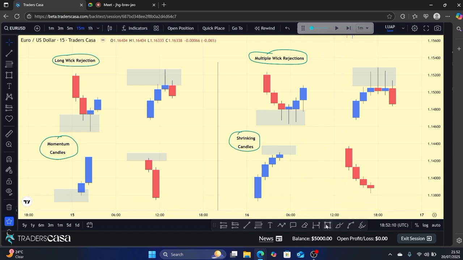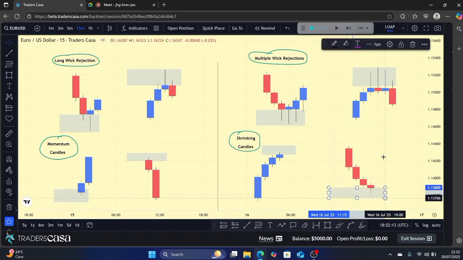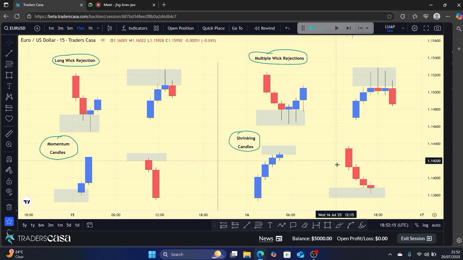So the same goes for this other one. You can see price rejecting the demand zone as price was approaching it. I mean, this is a supply zone, this is a demand zone. As price approaches the demand zone, you can clearly see the body size of this bearish candle compared to this. This is of small body size, and this is of course bigger than this one.